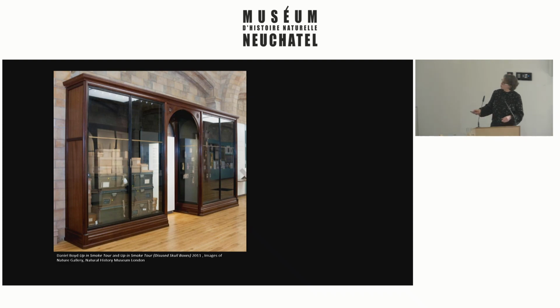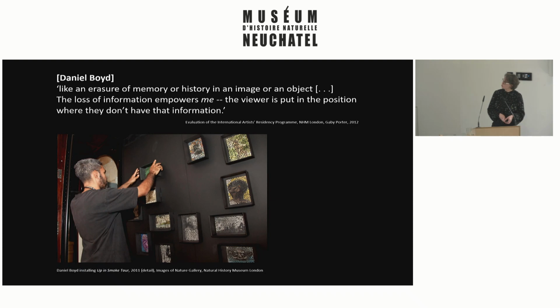So here he is installing, and he said, like an erasure of memory or history in an image or an object, the loss of information empowers me. The viewer is put in the position where they don't have that information. I'll explain a bit what he means through his work, because here he did drawings on the basis of the first fleet collection.